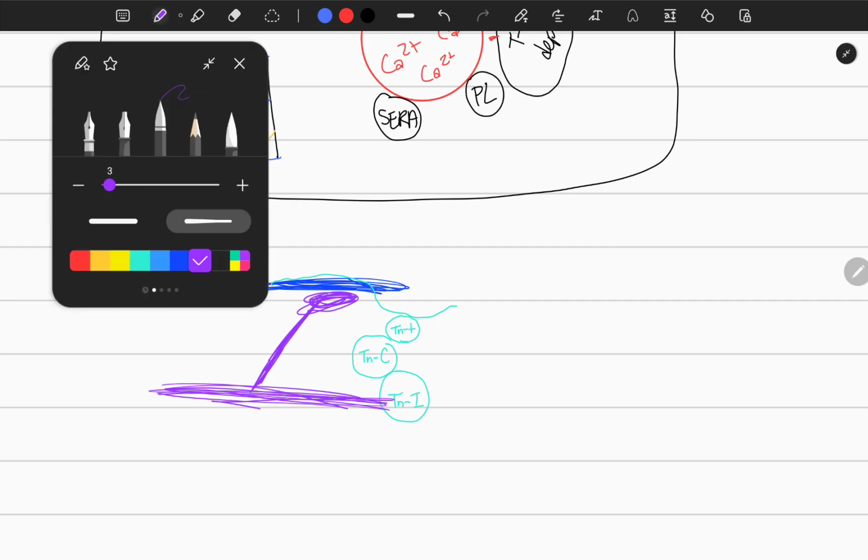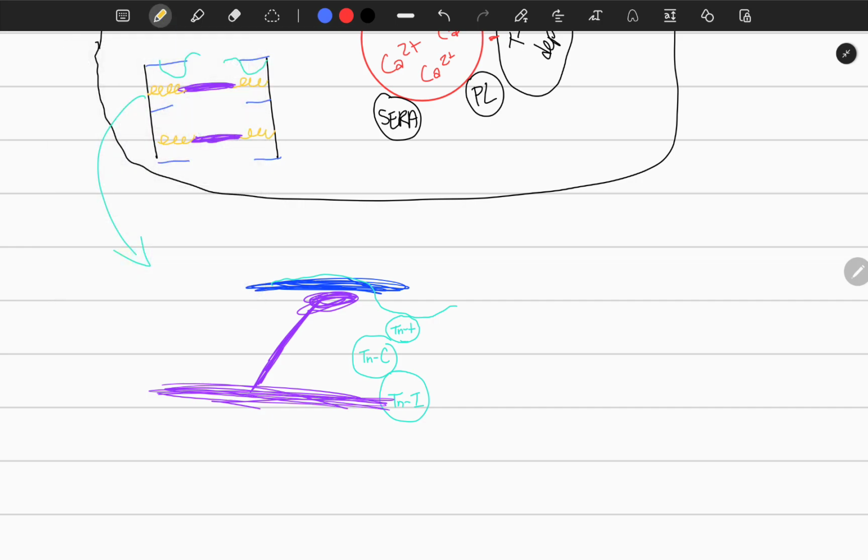Once it attaches, ADP will attach itself to the myosin head, which will cause a half turn, the cock and pivot per se, and then inorganic phosphate will attach itself also to the myosin head and will cause a full power stroke, which will push the myosin head down and across the actin band.